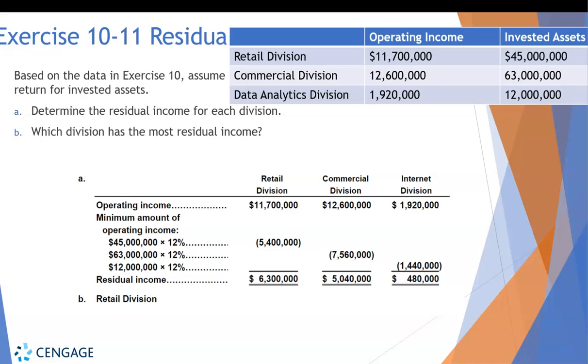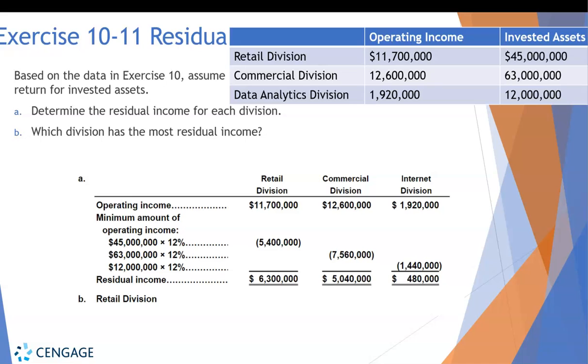Let's take this information and determine the residual income for each division and which division has the most residual income.